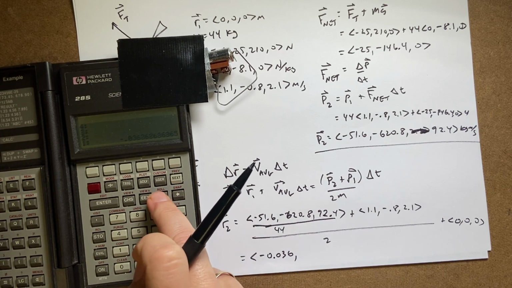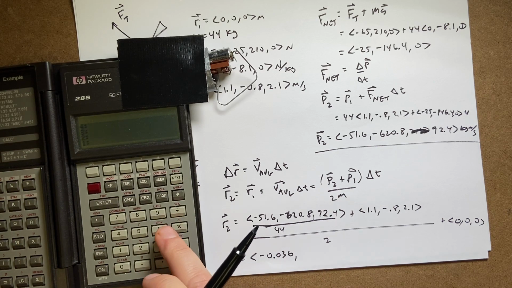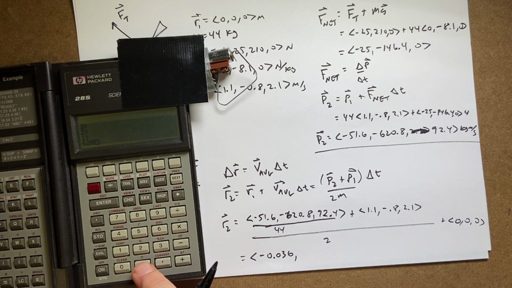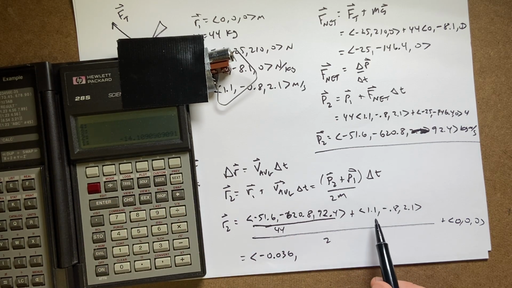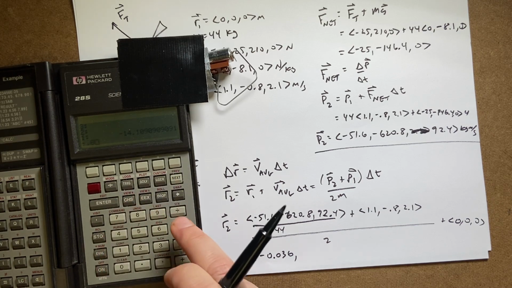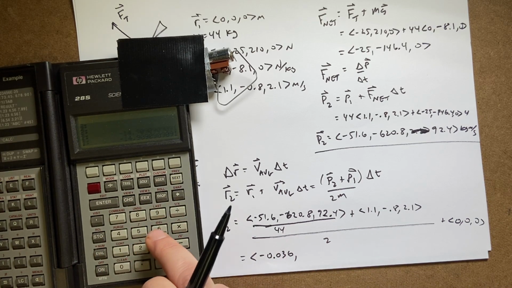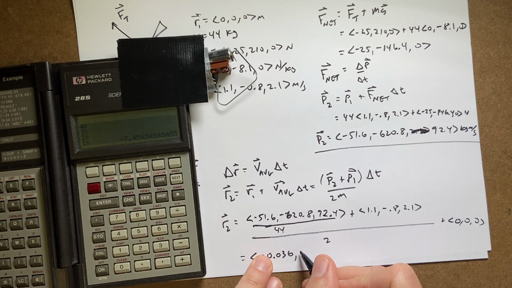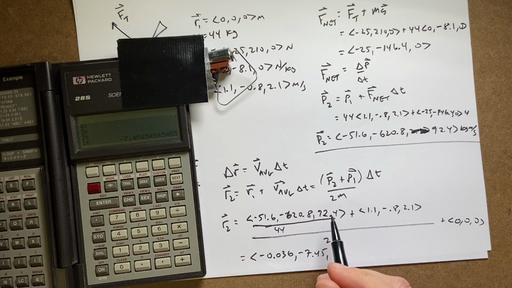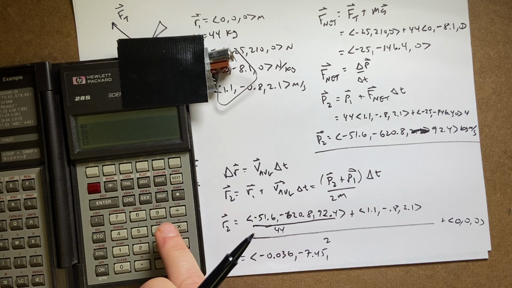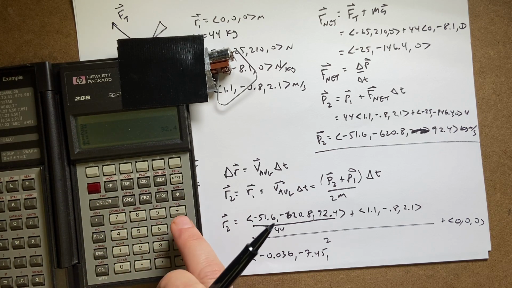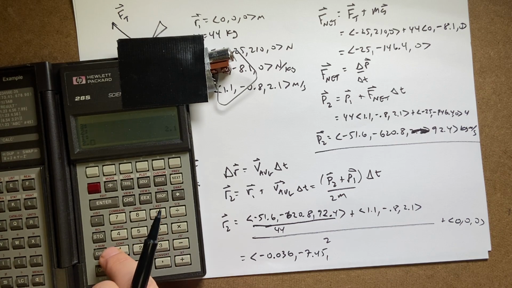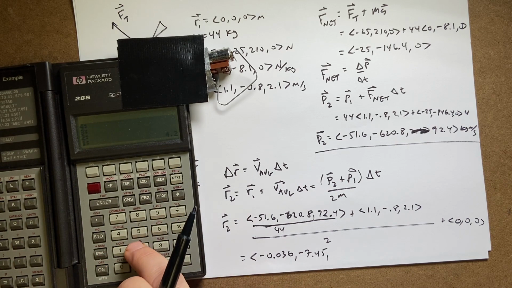Now for the y direction, I get 620.8 change sign, enter, 44 divided by, and then 0.8 change sign plus 2 divided by. I get negative 7.45. And then finally for the z, I get 92.4, enter, 44 divided by 2.1 plus 2 divided by.